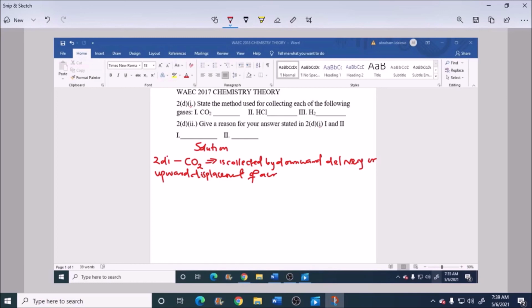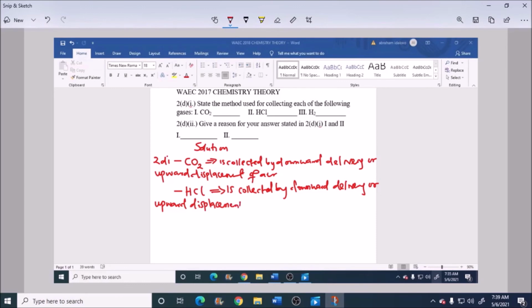Then we have hydrogen chloride gas, HCl. It is also collected by downward delivery or upward displacement of air.